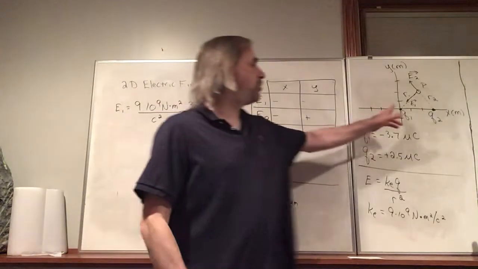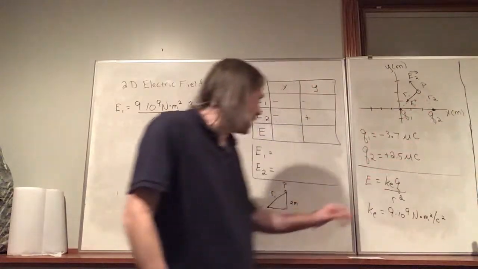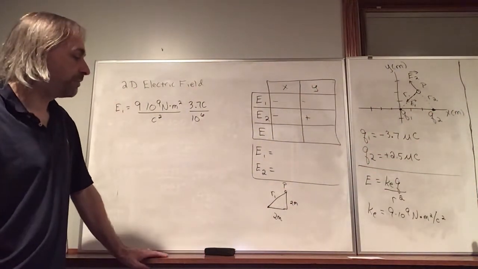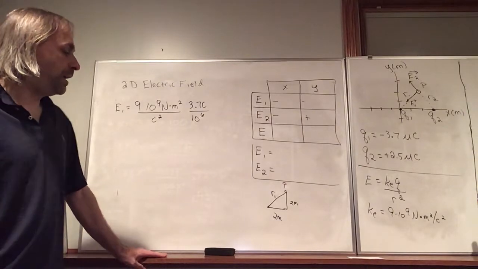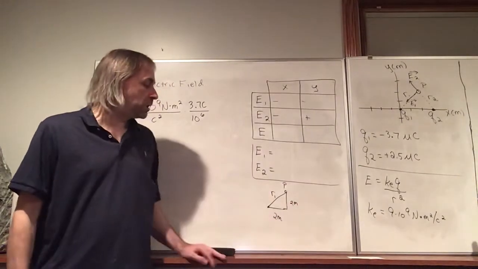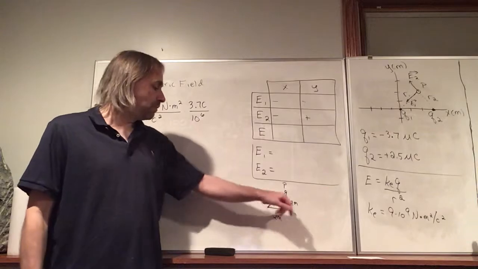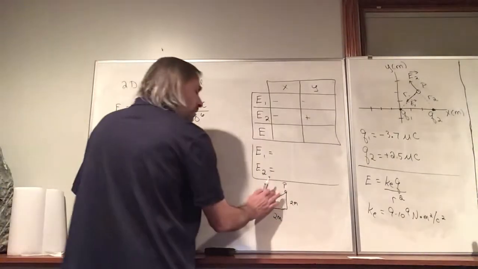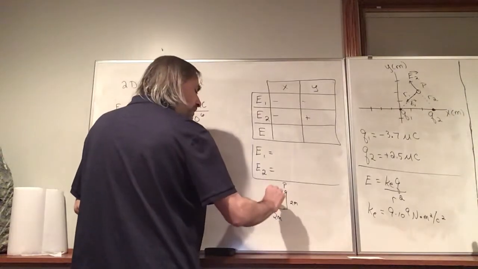Again, we go 2 meters in x, 2 meters in y, so each of these sides is 2 meters. R1, if we square these, we get 4 plus 4 is 8. So this is the square root of 8, which is around 2.8 meters.